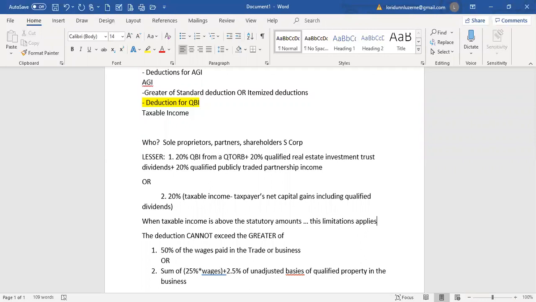So those two added together is less than 20% of her taxable income in excess of her qualified dividends and before this deduction.